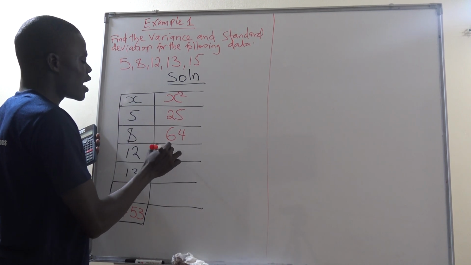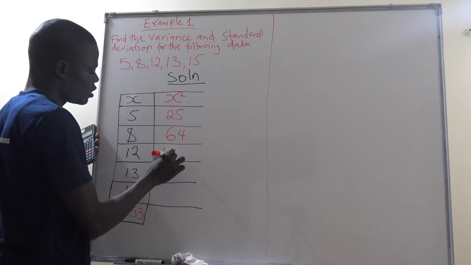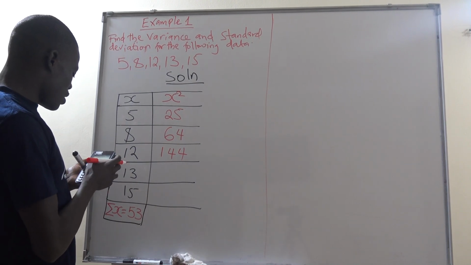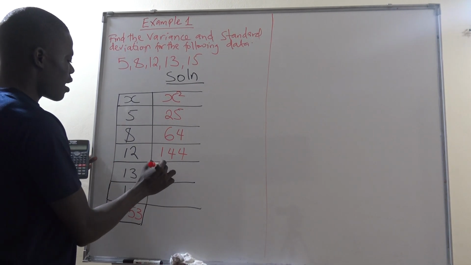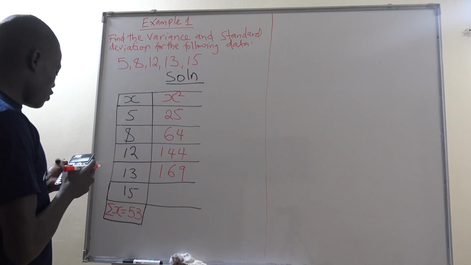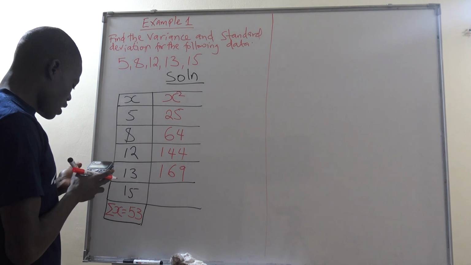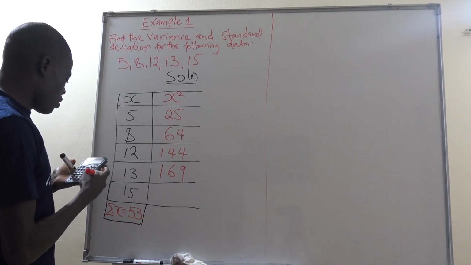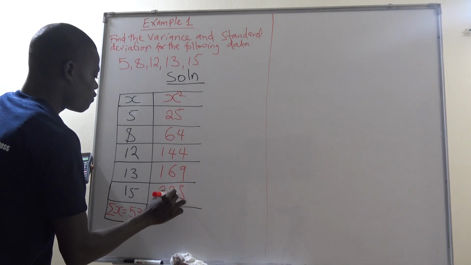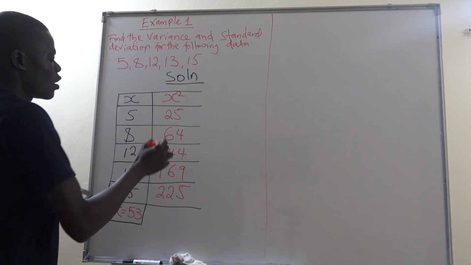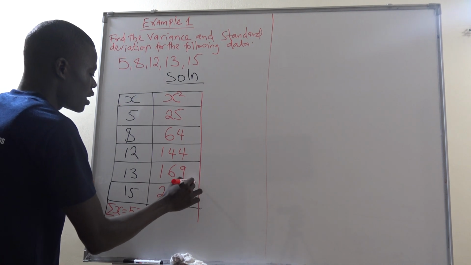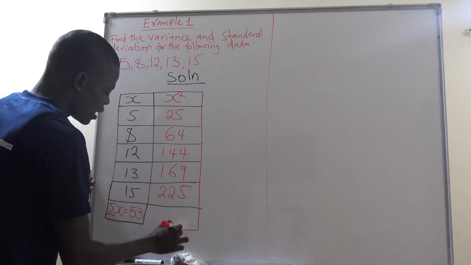Then 12 squared we get 144. Then 13 squared we get 169. Then 15 squared we get 225. So these are our values of x squared.